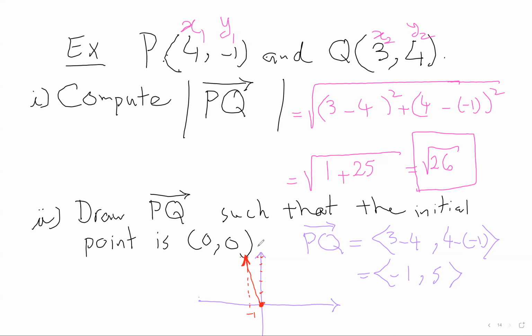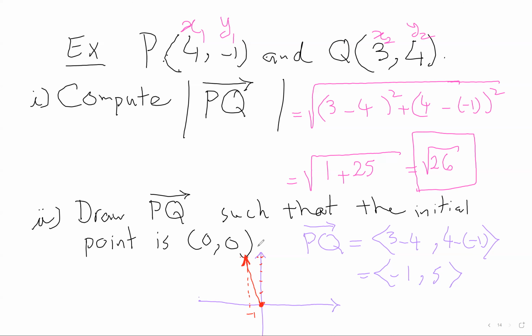Some friends might say, but PQ's initial point was P and terminal point was Q. Yes, but I wanted something equal to that, whose initial point is 0, 0.